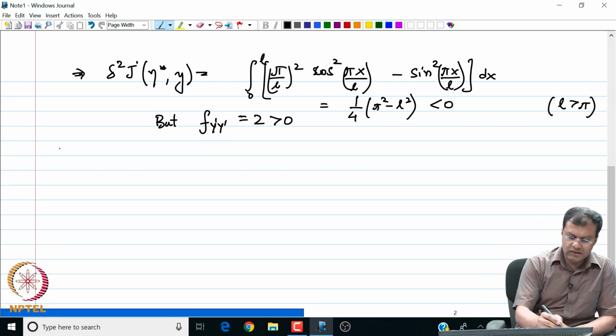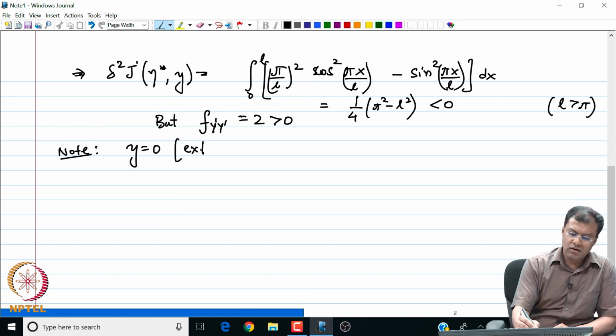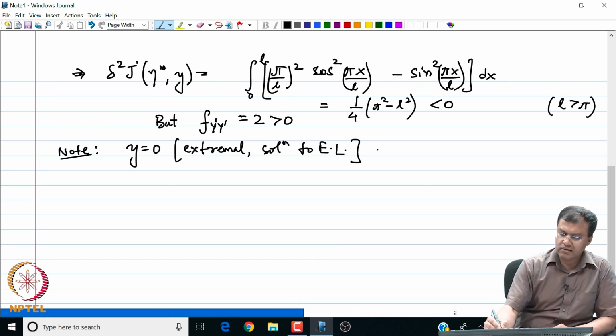Now, note that y equal to 0, which is an extremal, or the solution to the Euler-Lagrange, does not give the minimum, right.